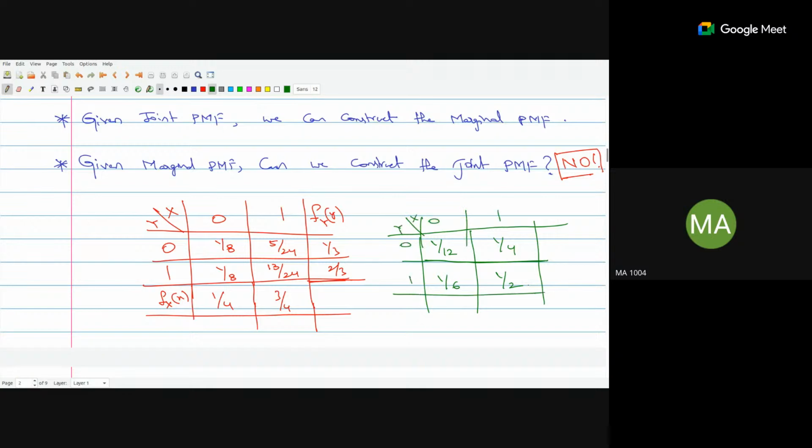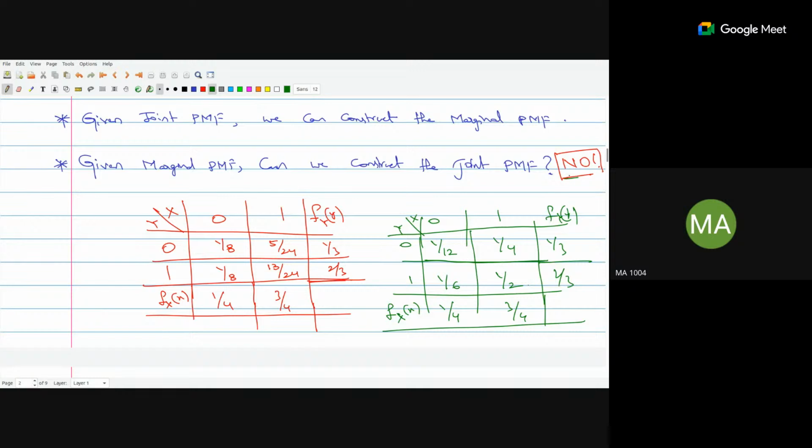If I add these up, I get 1 by 4, 3 by 4, 1 by 3, 2 by 3. So you can see that for the same marginals, you have two different joint PMFs.